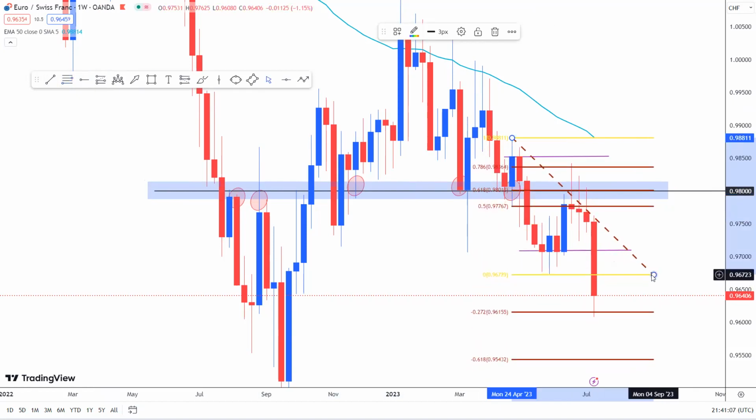As you can see, again, we're seeing this level aligning very perfectly with the 61.8 Fibonacci golden reversal level. And now this gives the probability of selling from this level even higher because the confluence is at play.